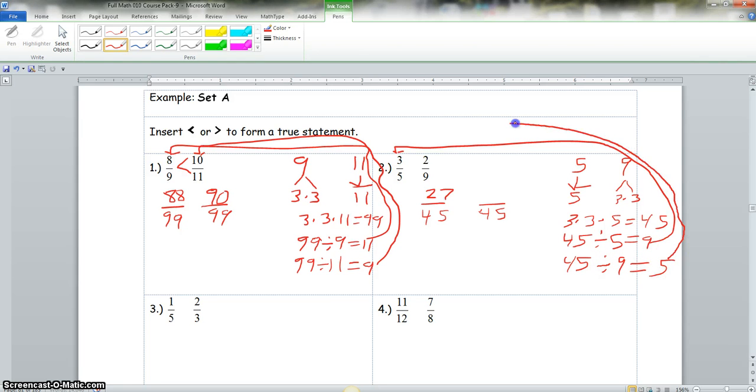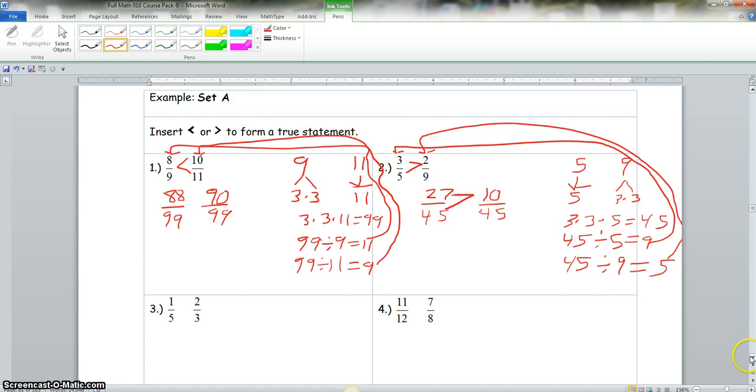So we'll take this 5 and multiply by this 2. 5 times 2 is 10. So now 27 over 45 is greater than 10 over 45. So we will point the inequality towards the 10 over 45. Or we could do it here. So that is our final answer.